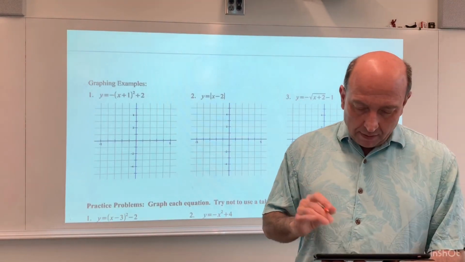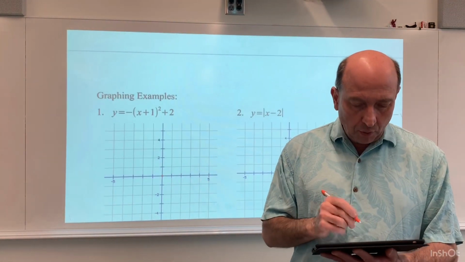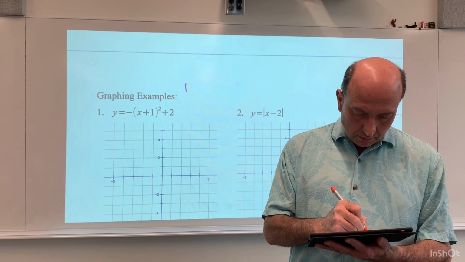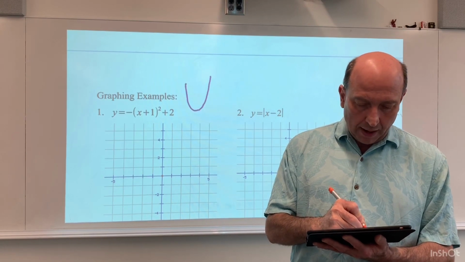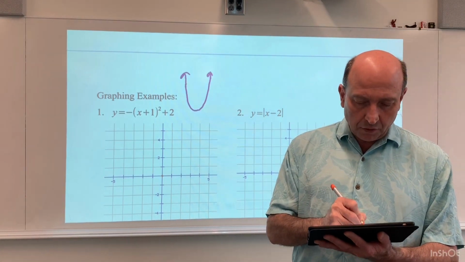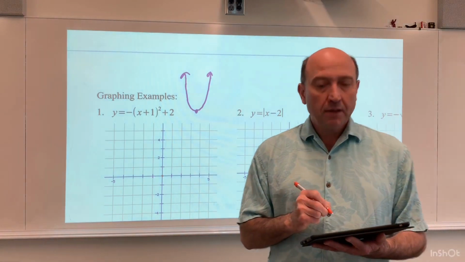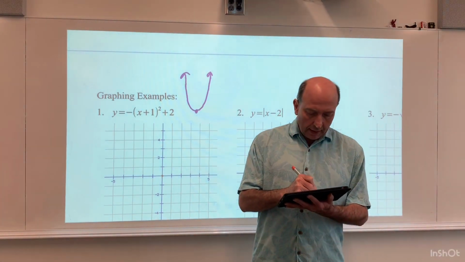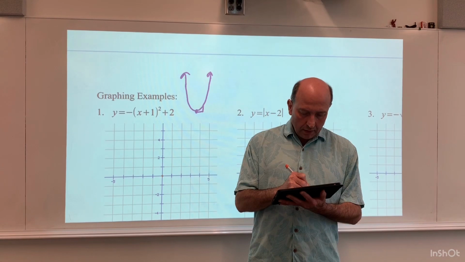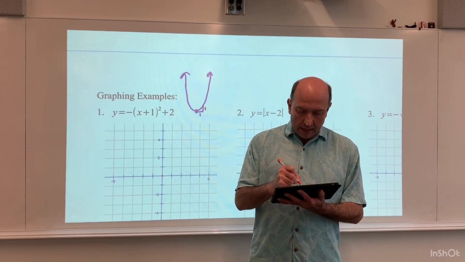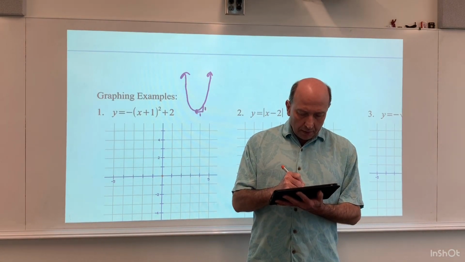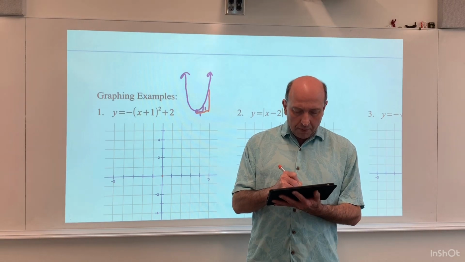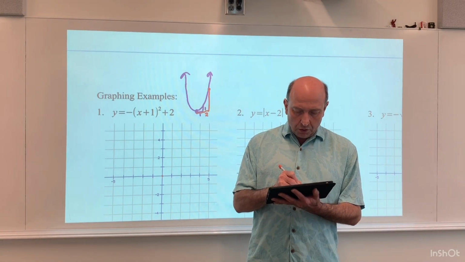Okay, so our parent function is the parabola. The parabola has a vertex at 0, 0. Then the first point is over 1, up 1. The next point on the parabola is over 2, up 4.